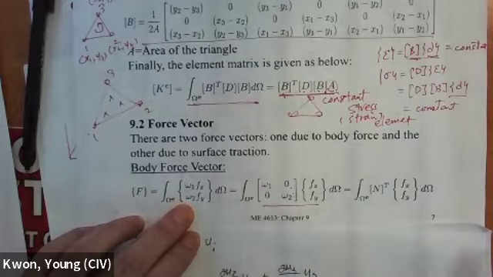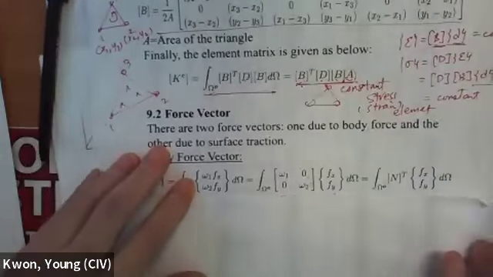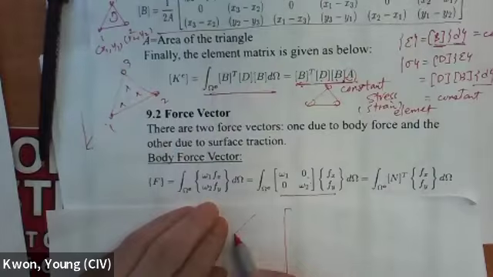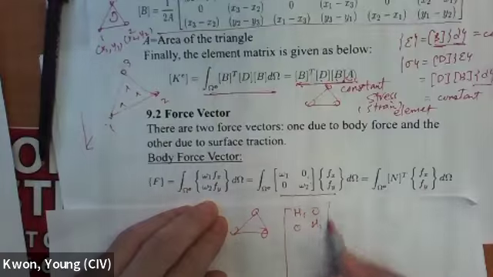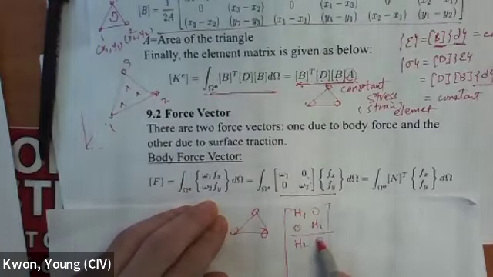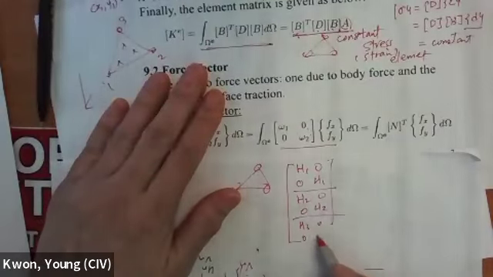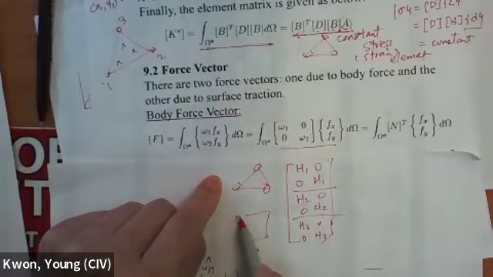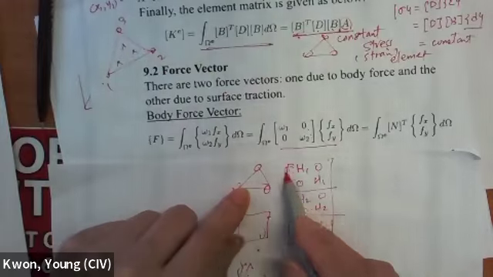Now this is replaced by the shape function in Galerkin's technique. When I use a linear triangular element like that, I use H1 for both, so H1, 0, 0, H1, and H2, 0, 0, H2, and then H3, 0, 0, H3, for this element. If you have another element, you are going to have two more rows in here, but this is good enough.